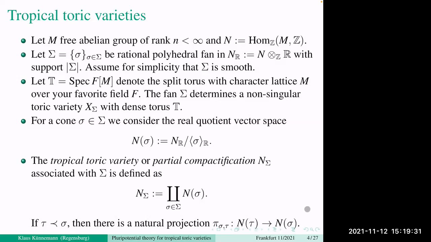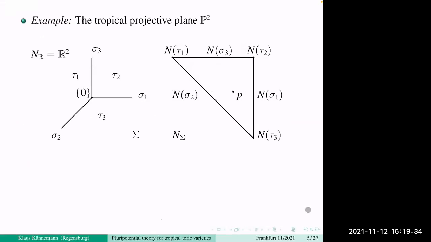Instead of doing this formally, let me just draw you a picture. Let's look at the tropical projective line. Here we work in the plane. We look at this cone decomposition, which has an associated toric variety that just gives us the projective plane. Then the partial compactification looks like this, where you should think that this triangle lies at infinity. Inside you have the real plane, and then at infinity you compactify like this.